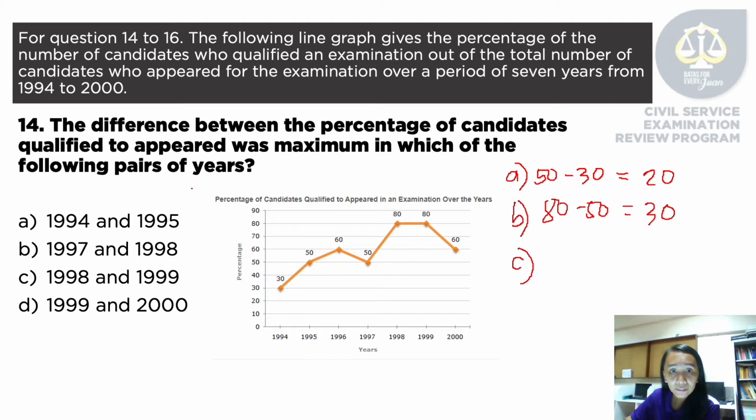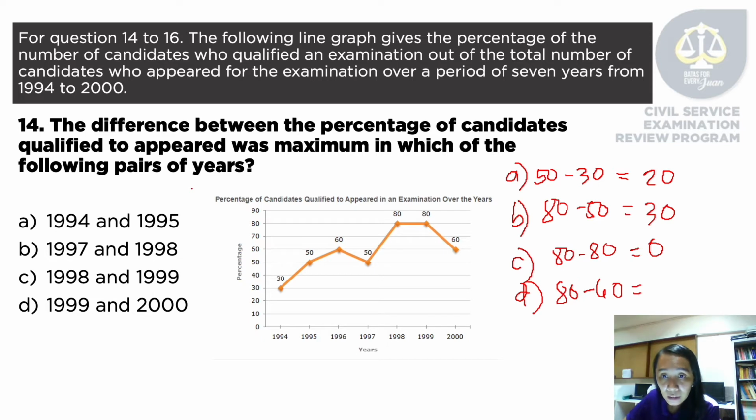Letter C, 1999 and 1998, so I have 80 minus 80, which equals 0. And letter D, 1999 is 80 and 2000 is 60. Okay, 80 minus 60 is equal to 20.